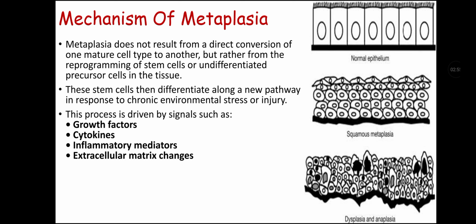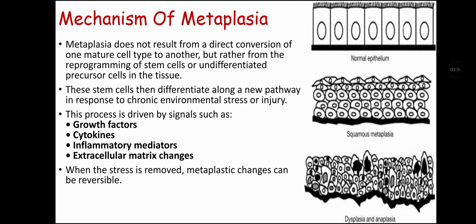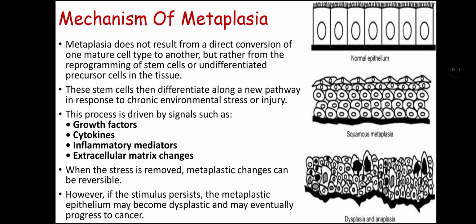This process is driven by signals such as growth factors, cytokines, inflammatory mediators, and extracellular matrix changes. When the stress is removed, metaplastic changes can be reversible. However, if the stimulus persists, metaplastic epithelium may become dysplastic and may eventually progress to cancer.